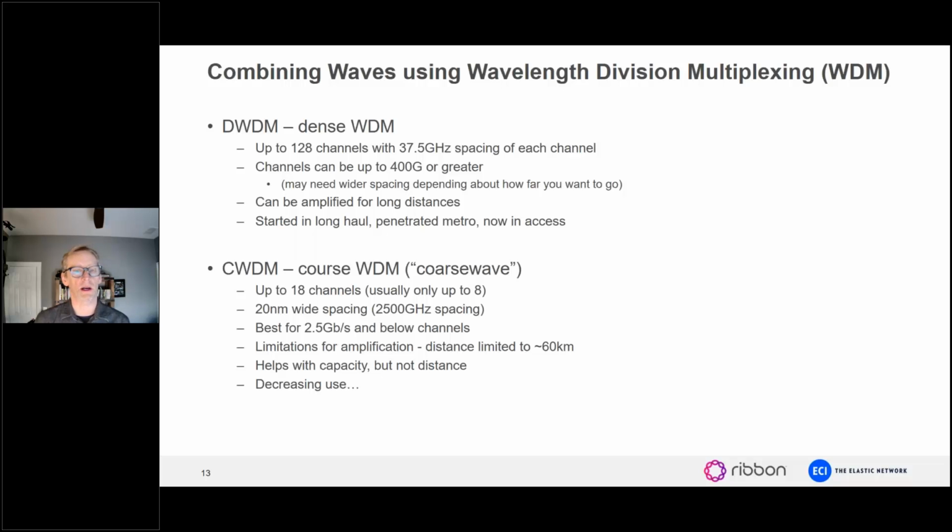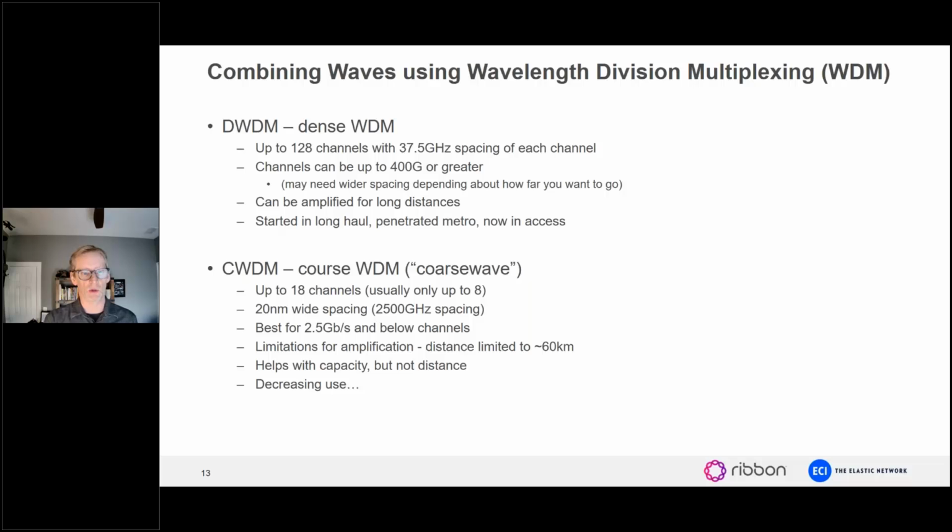The first function, combining wavelengths together using wavelength division multiplexing, or WDM. There's two kinds. Let's start at the bottom. A lot of rural carriers, when they adopted WDM, kind of started small and used something called CWDM, or coarse WDM, or people will call it coarse wave. It was helpful, but probably a little bit limited in today's world.